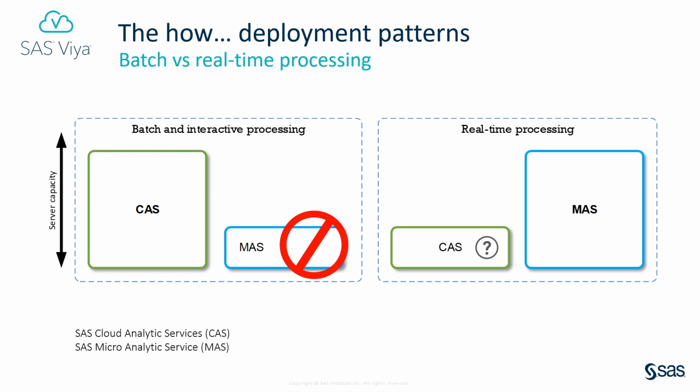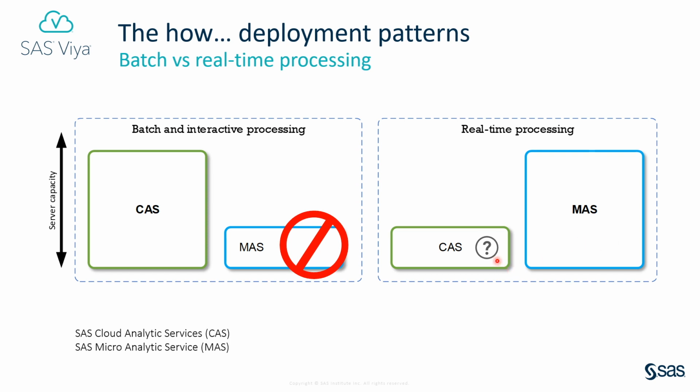If we look at batch versus real-time processing, on the left here we can see that the batch and interactive processing is supported by the CAS analytical engine. There's very little or no use of MAS in this environment, whereas the real-time processing is supported by the MAS server.